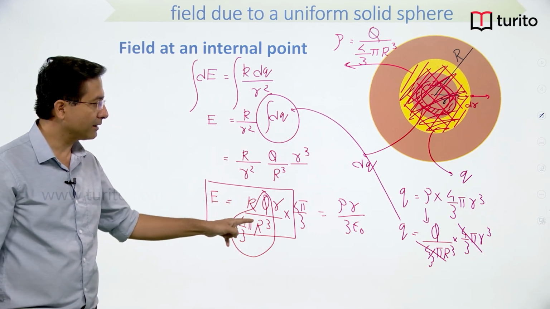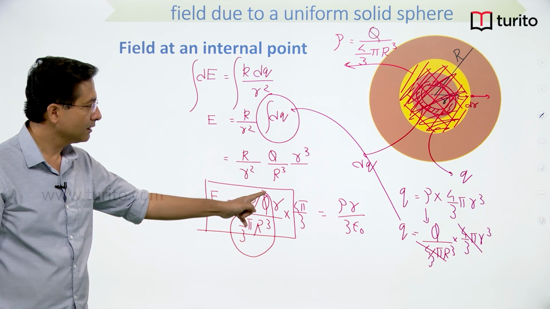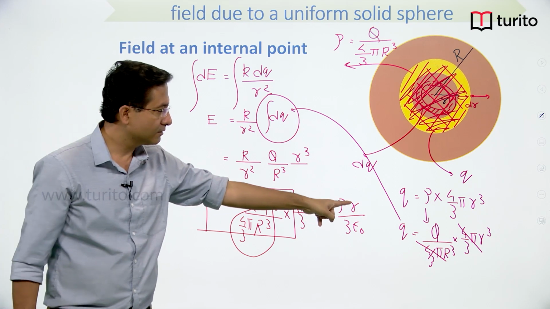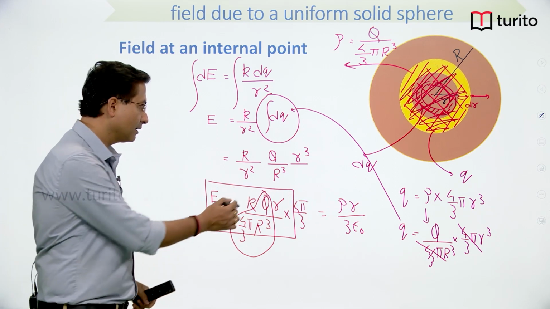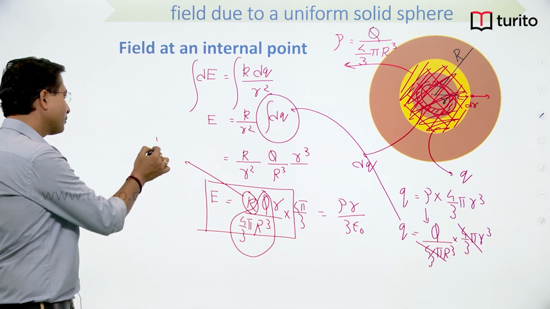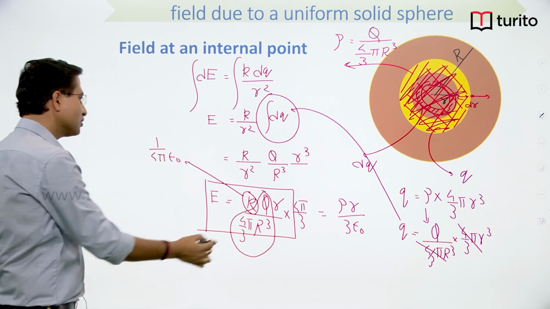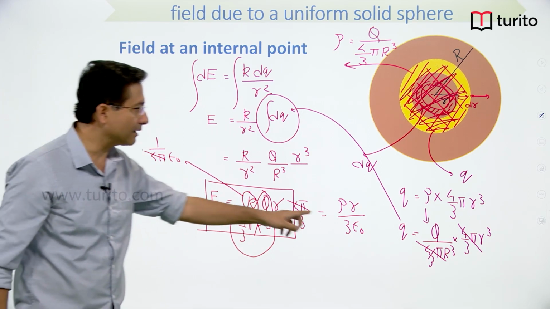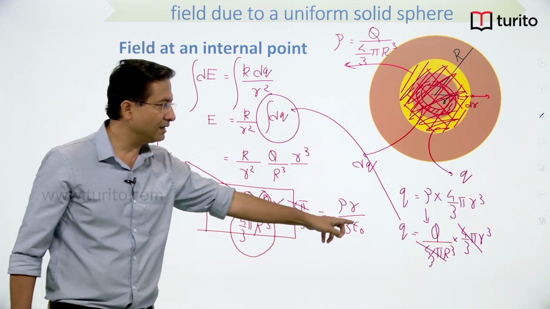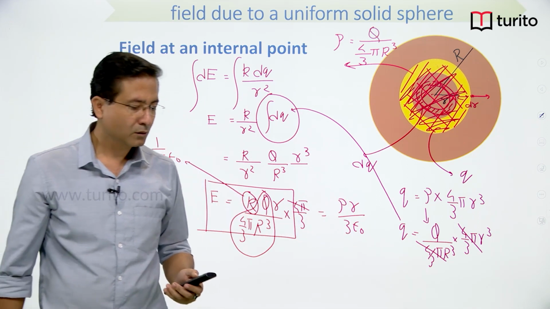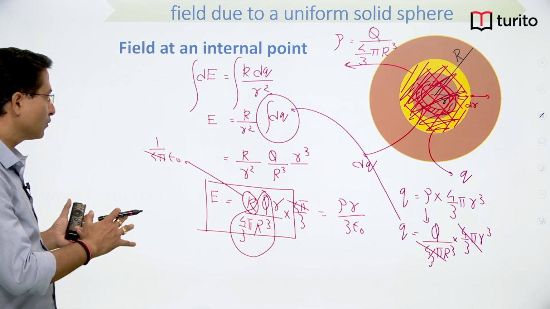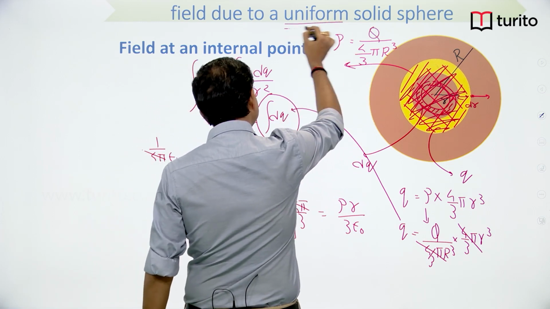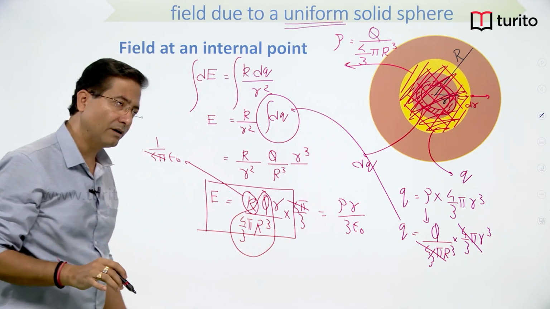This whole thing gets converted into density from this expression, right. Only epsilon naught and this 3 are left, so 3 epsilon naught, right. So for any point inside, in the case of uniform distribution, we know how field varies.